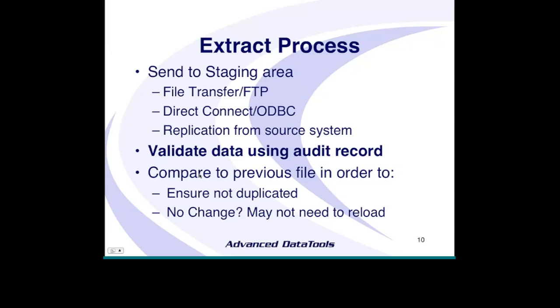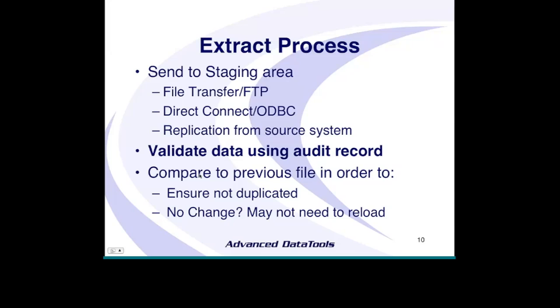Once the data is in the staging area, you want to validate that data using the audit record. And one thing you want to do is compare the file or the data you got to the previous data to make sure it's not duplicated. One of the most common problems over the years, and this happens 2 or 3 times a year, so it's not forever, but it's something you've got to watch out for, is particularly on the extract process.